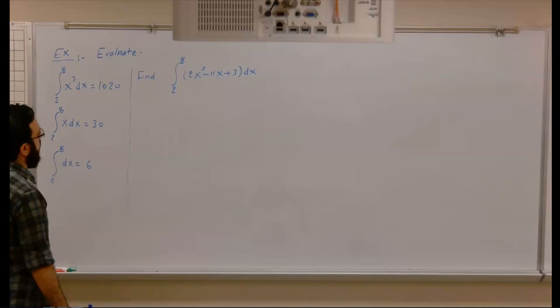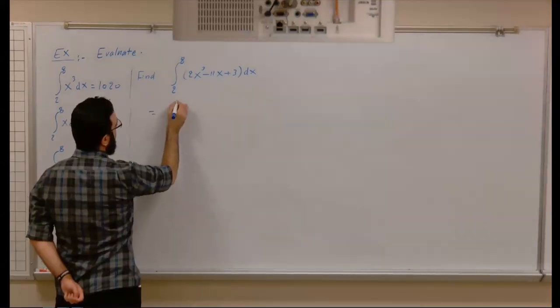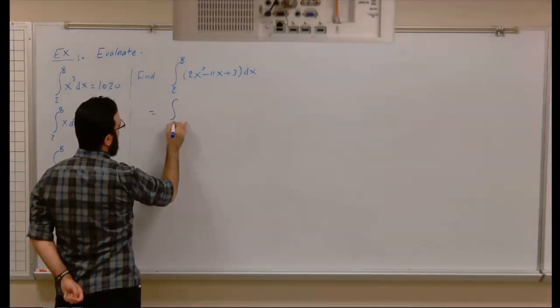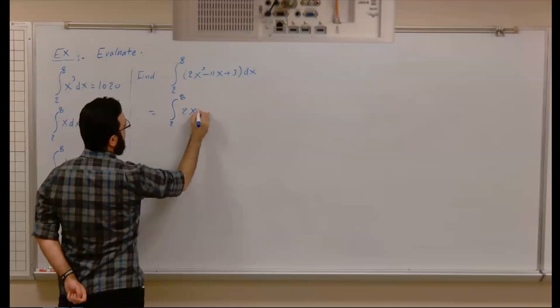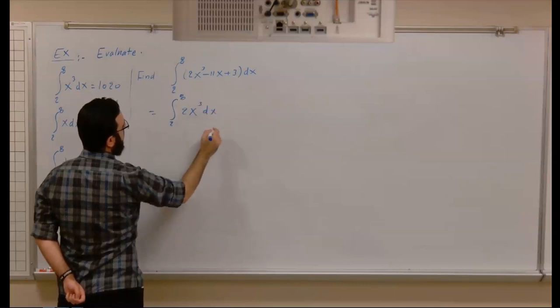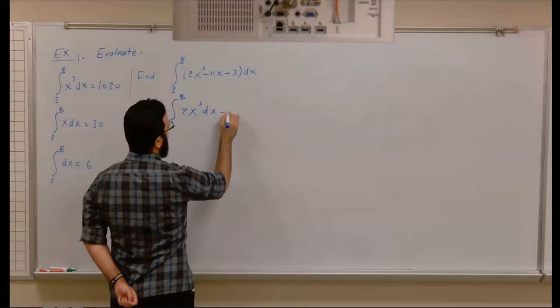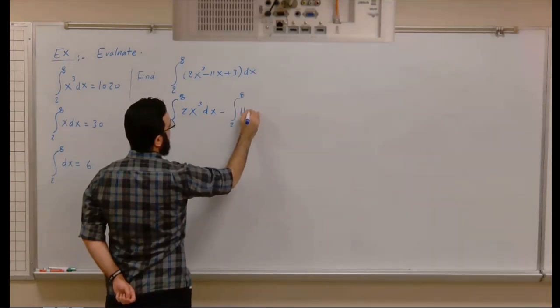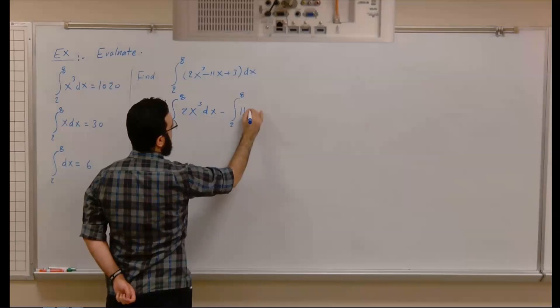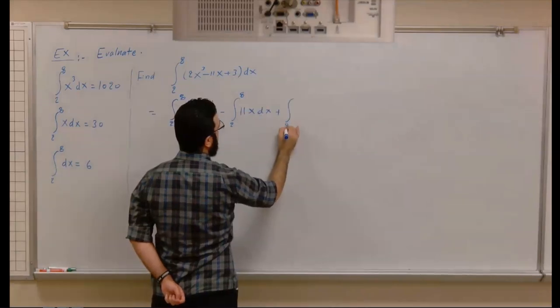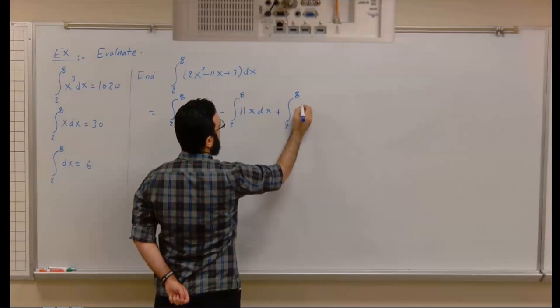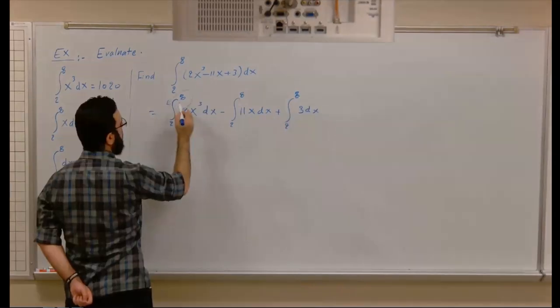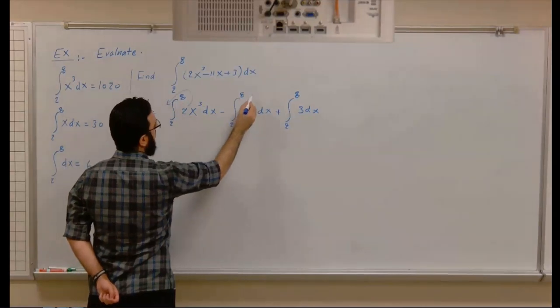So now this one is going to be equal to the integral from 2 to 8 of the first term, which is x cubed dx, minus the integral from 2 to 8 of 11x dx, and plus the integral from 2 to 8 of 3 dx. Then the same thing, we're going to take the 11 and the 3 out.